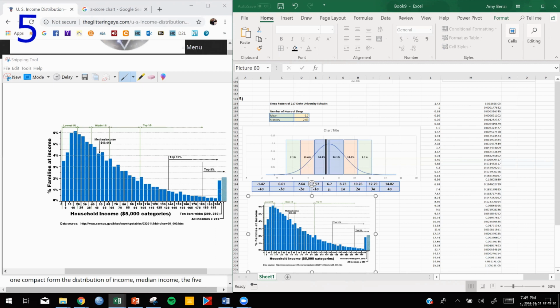We have a couple of folks making, well, if you go on to read this bar right here, it says that it's actually higher than all of these incomes. So we have a lot of people who are making over 250 grand a year. So our median is all the way over here on the left, but our mean is farther to the right. So it makes a tail drag out on our data, and we don't get our nice normal bell-shaped curve.